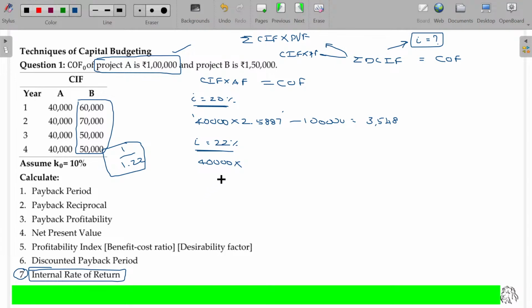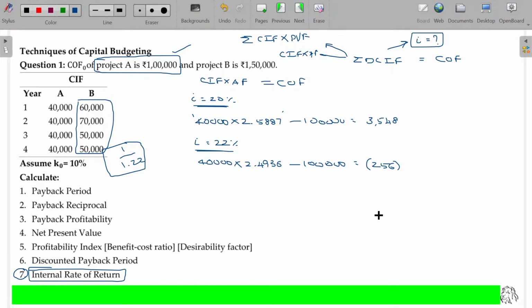The grand total of this being 2.4936. 2.4936 into 40,000, minus 1 lakh. So you get now negative value, 256 negative.